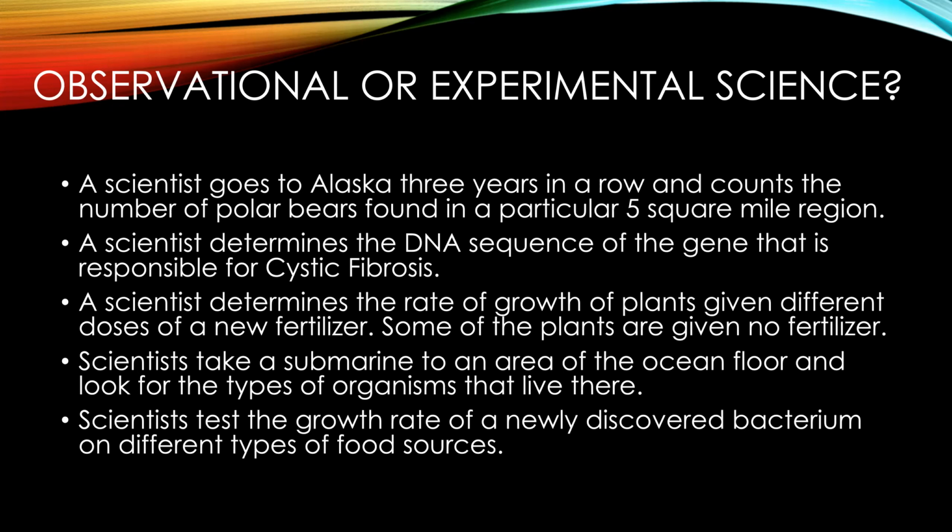So one might be glucose, one might be sucrose, one might be lactose, and so on. And the scientist is going to measure the growth of one bacterium on these different types of sugar sources. So the variables here are the sugar sources.